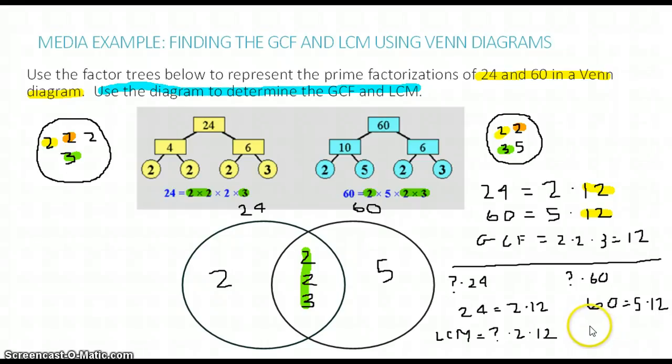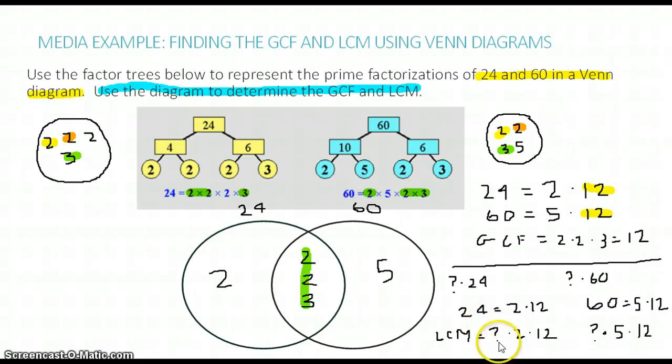So the LCM will be some number times 5 times 12. And we want to use the least amount of factors. Okay?